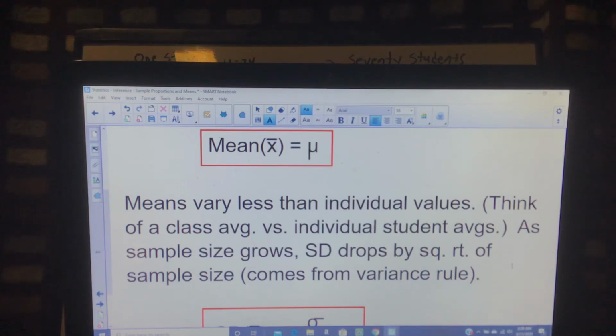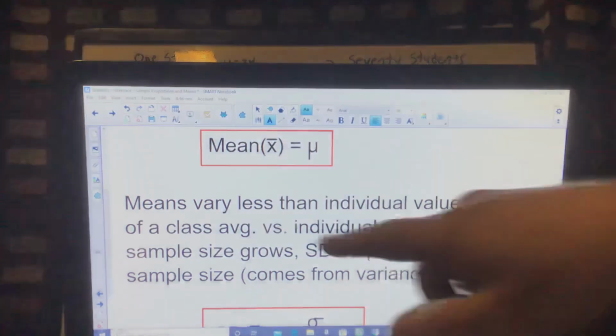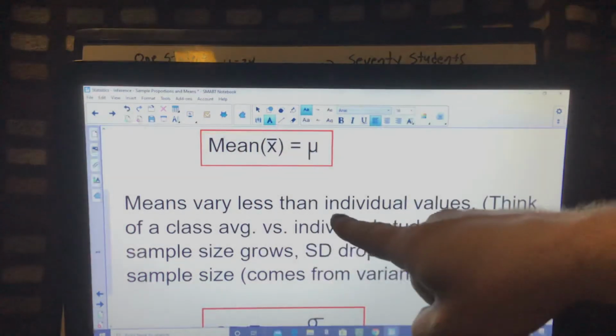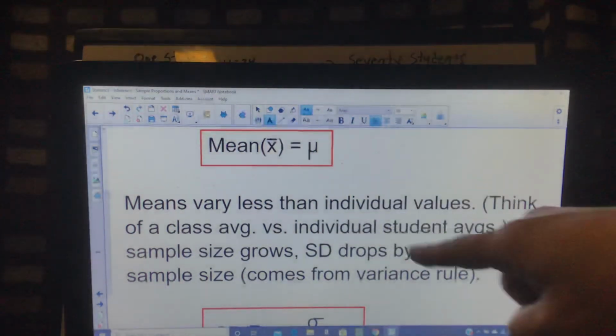So if you only took out one slip, it would vary a lot. If you averaged 5 slips, it would vary less. If you averaged 10 slips, it would vary even less, and if you pulled out 100 slips, the averages would vary even less. So means of a group vary less than individual values.